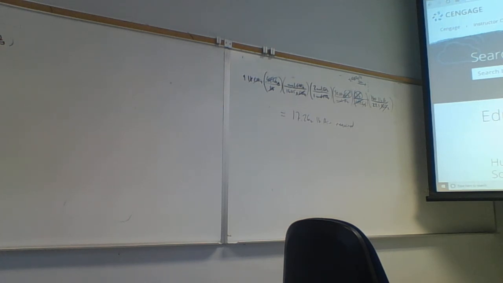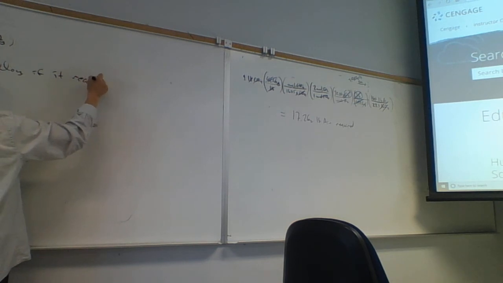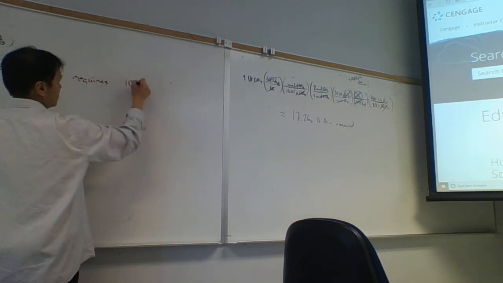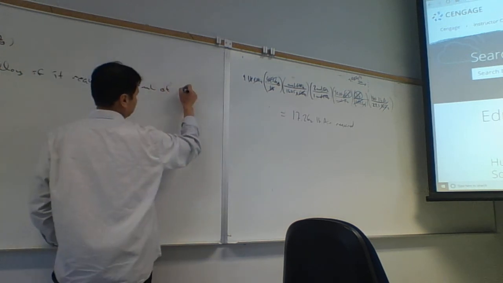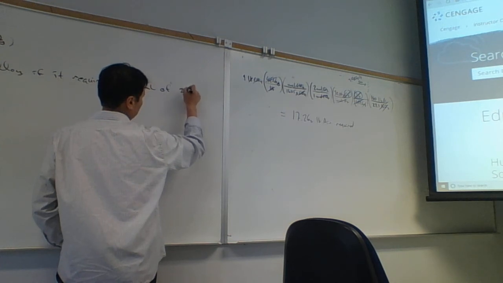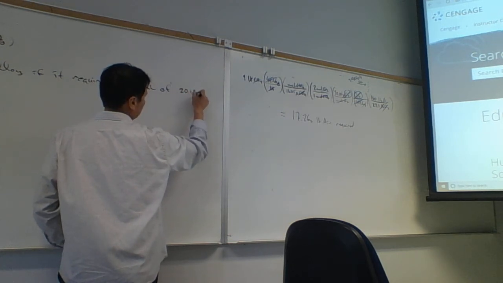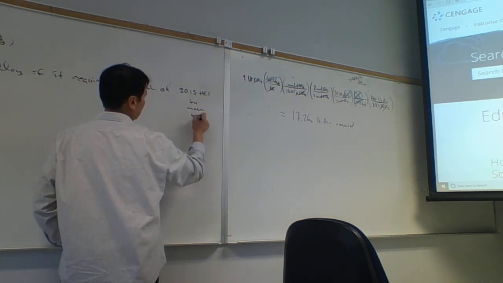How much aluminum is in the alloy? It requires 107 milliliters of, let's go with, 20.1% HCl by mass to react.